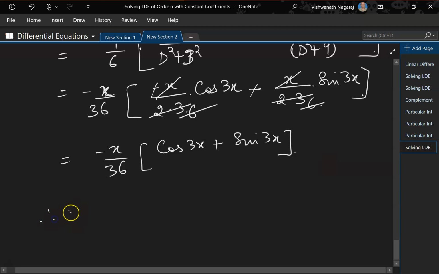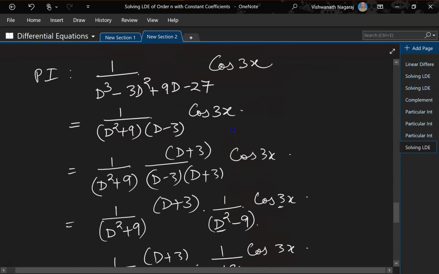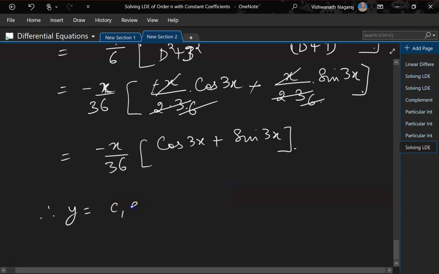So therefore our solution would be CF plus PI. So CF is what? CF is C1 e to the 3x plus C2 cos 3x plus C3 sin 3x.